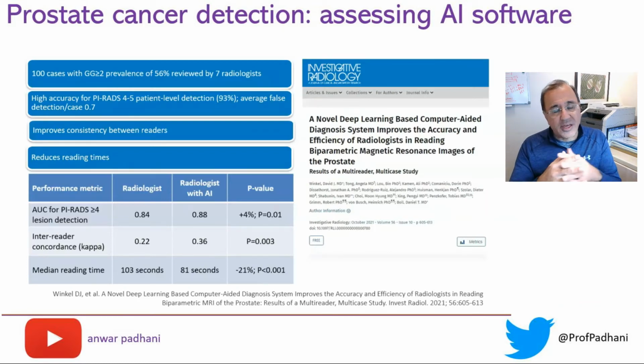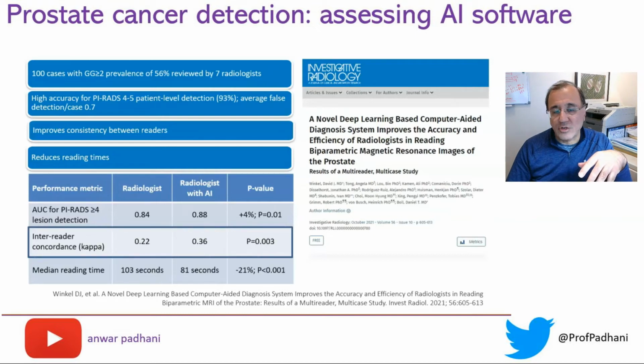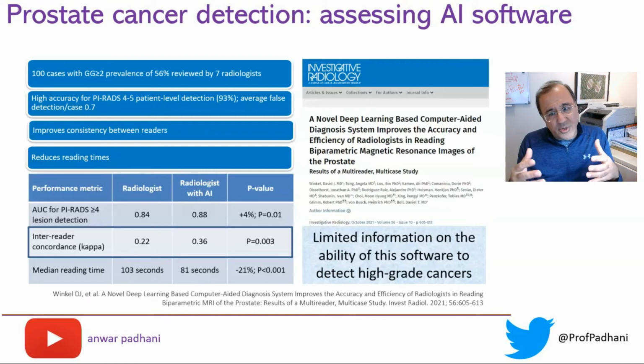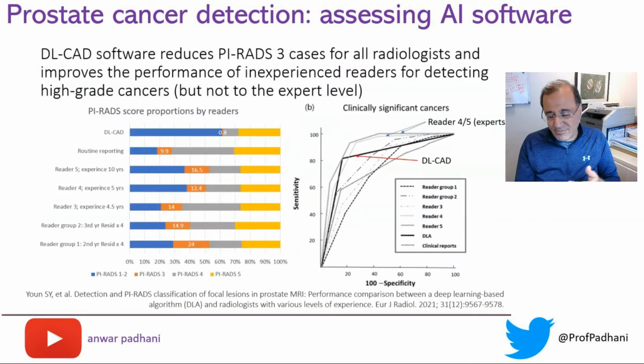And when you look further at this software, what you notice is that it does improve the consistency between the readers. So you can see how the kappa values improve with the use of the AI, which is something that we wanted to know. The second issue is, does this mean that we detect more clinically significant cancers using this software? In fact, there's very limited data on this particular software.